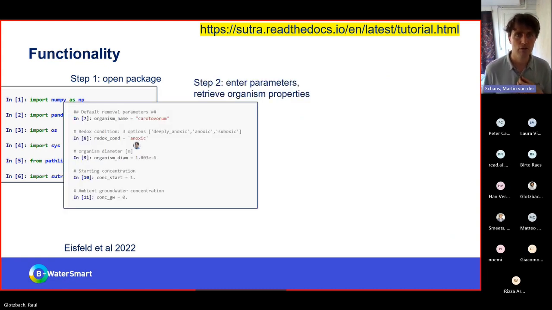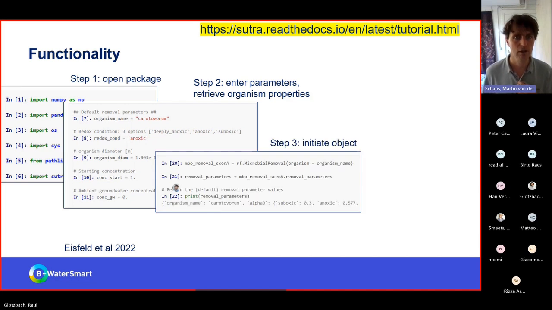And then the second step is that you need to enter the parameters in order to retrieve the properties of the organism. And so in this case, we want to know something about the organism for anoxic redox condition with an organism diameter of 1.8 micron and a starting concentration of 1 microgram per liter. And that's what we enter here.